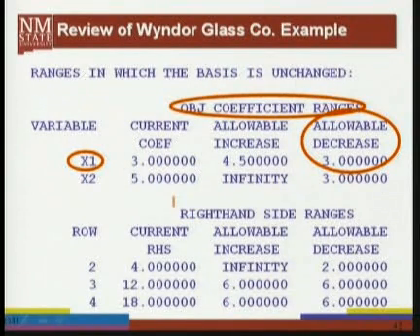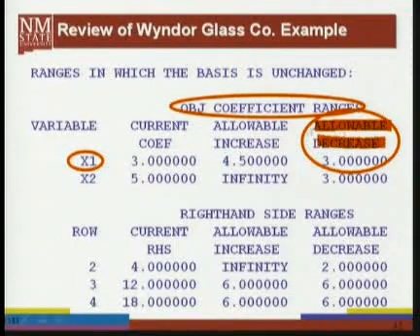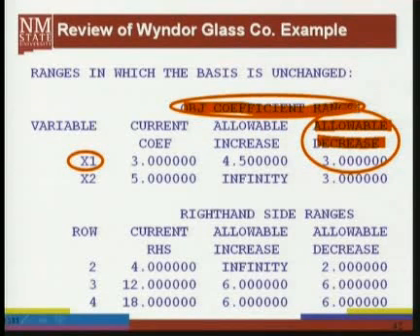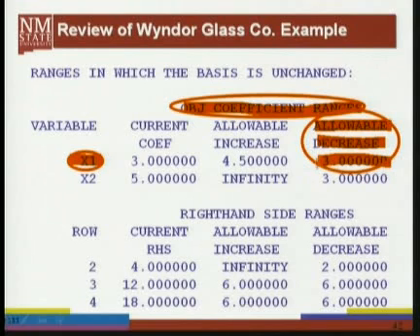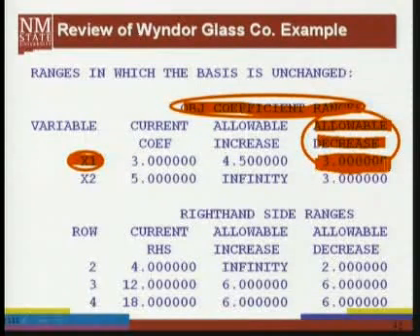And according to the Lindo output, here the allowable decrease in the objective coefficient ranges for x1 variable is 3. Which means by this amount of 3, the objective coefficient can be decreased without causing a change in the basis.